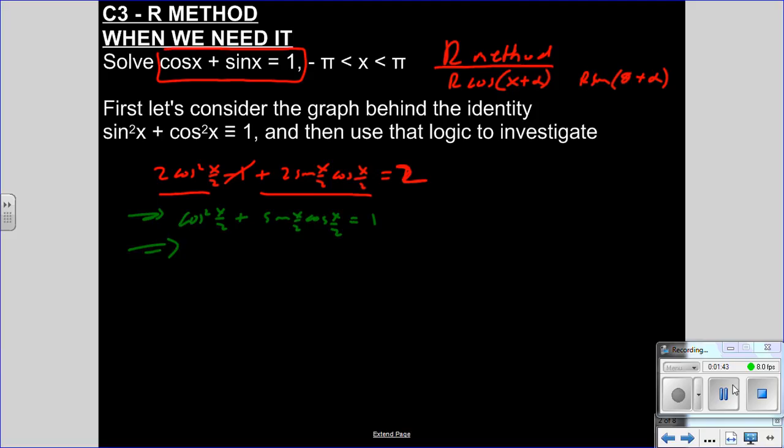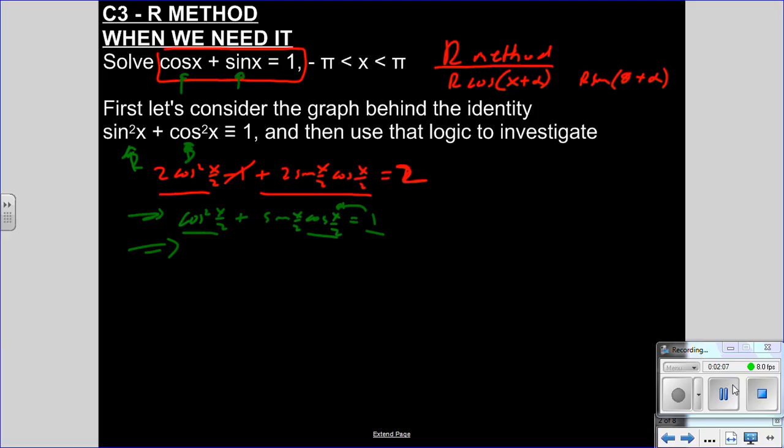And then, not much we can do here, is there? I can't move that over, make it all equal to 0 and factorize. That's not going to work. Can't factorize the cos and the cos because I've still got a 1 on the other side. Really difficult. Maybe I should convert the cos x and the sin x a different way.